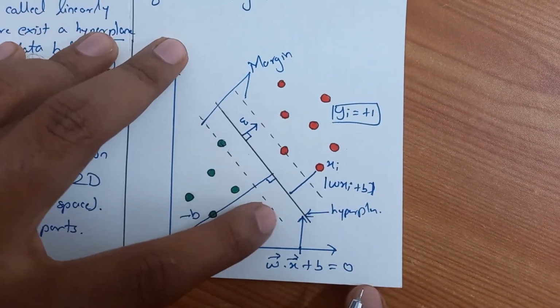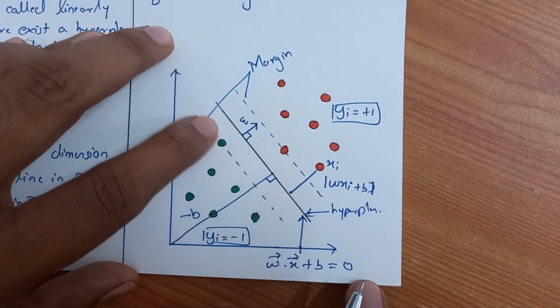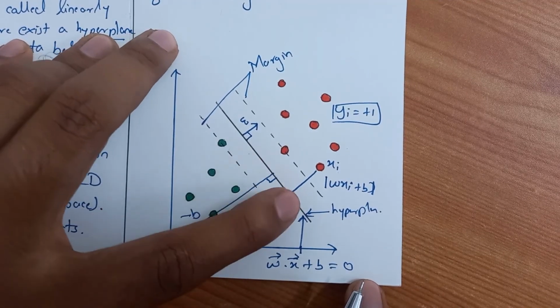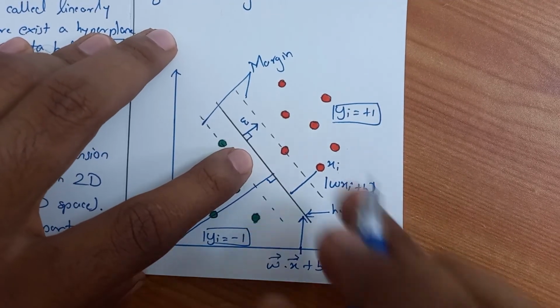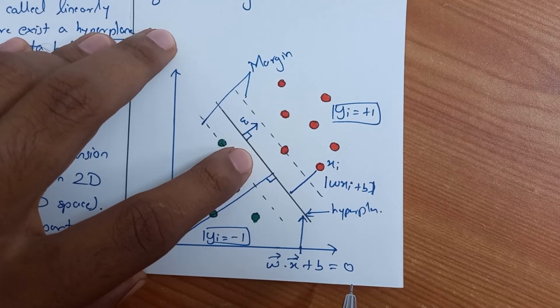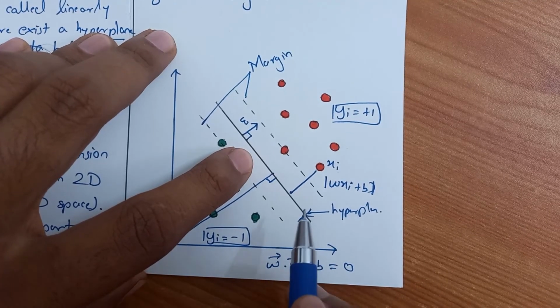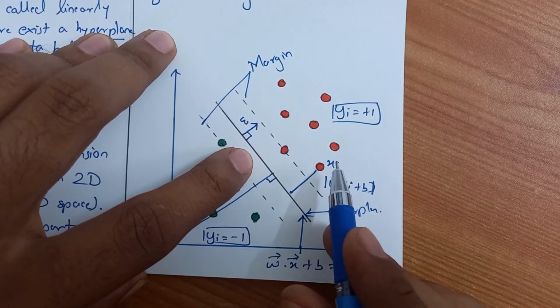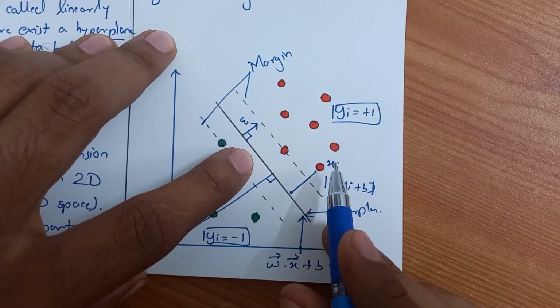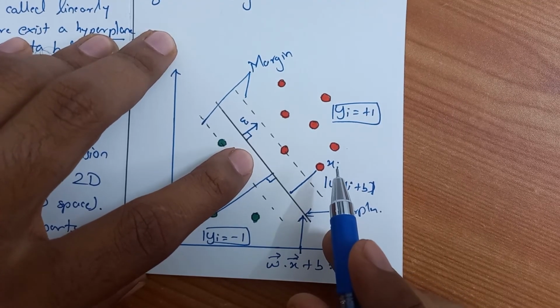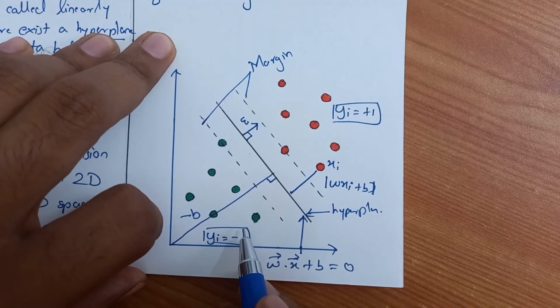That means for every particular point lying on this plane, on this line, any particular xi point, its distance will be 0. And if the points are lying above the hyperplane line here, the distance will be positive, or negative on the other side.